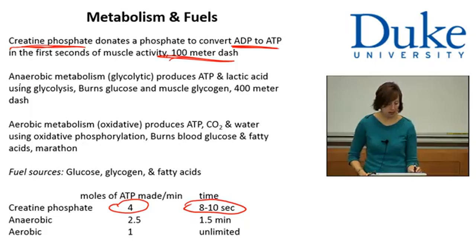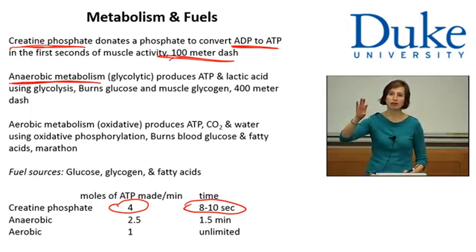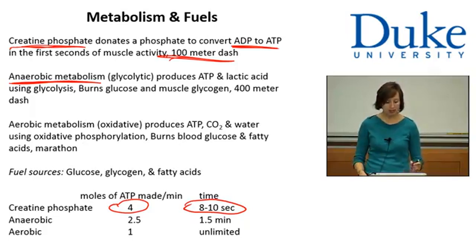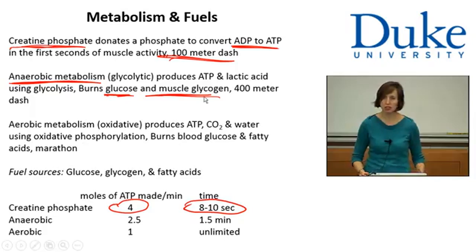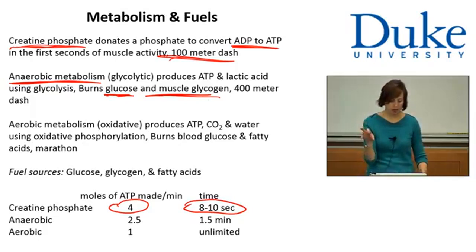is going to be anaerobic metabolism pathways, which is going to convert glucose to lactic acid, producing ATP. So the energy source, the fuel for this will be glucose as well as muscle glycogen, which is a polymer form of glucose.